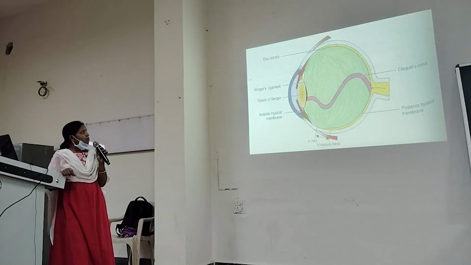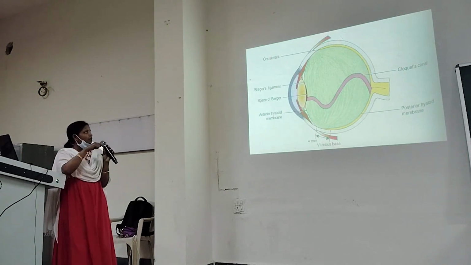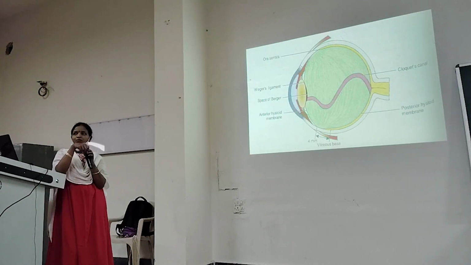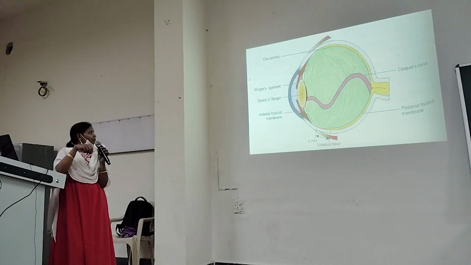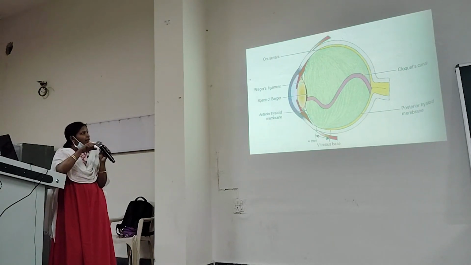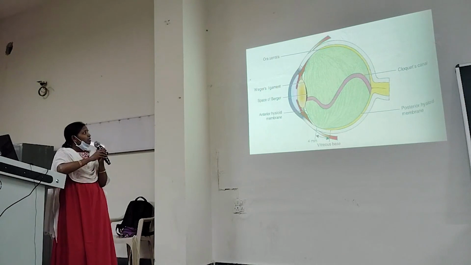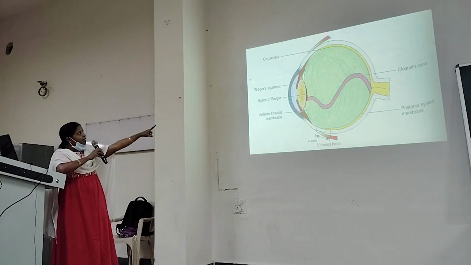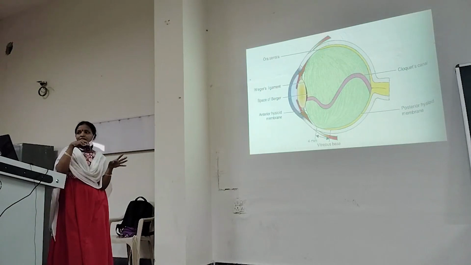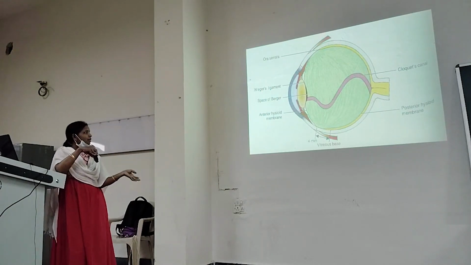So there is a small space behind the lens, between the lens and the vitreous cavity. That space is known as the space of Berger, okay? And the lens is connected to the vitreous cavity by a small ligament known as Wieger's ligament, okay? These names you just remember, nothing much importance is there.